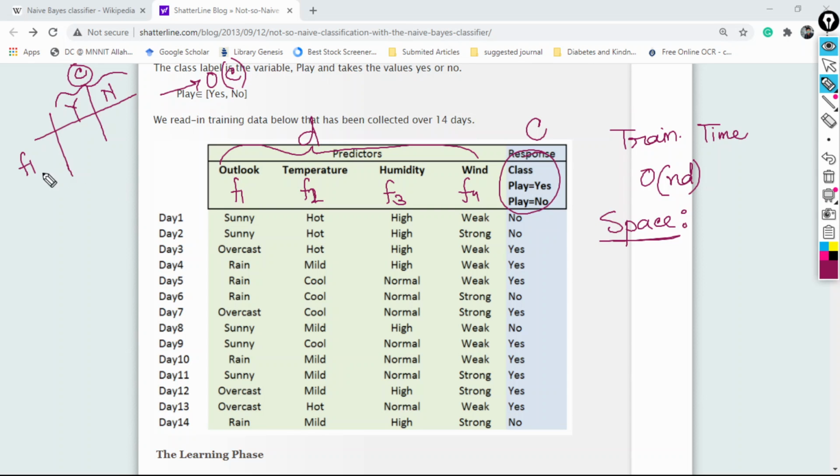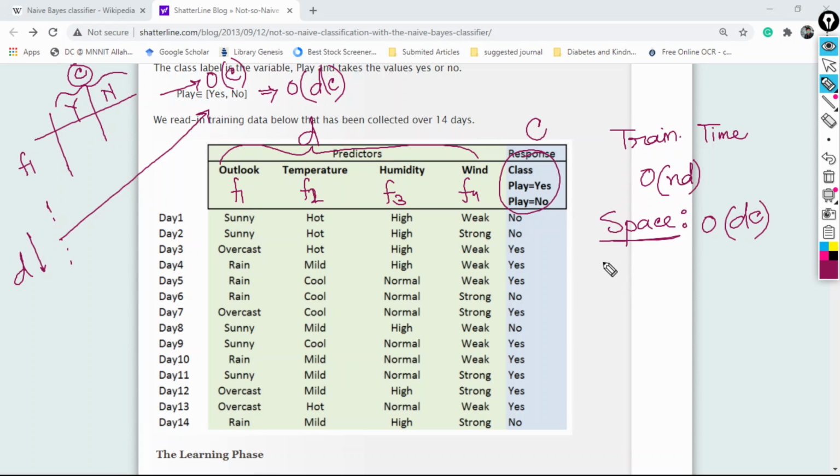Since we have d number of features, for a total of d features we require order of dc space. So the space complexity is order of dc. Okay, this is the training time complexity and space complexity.